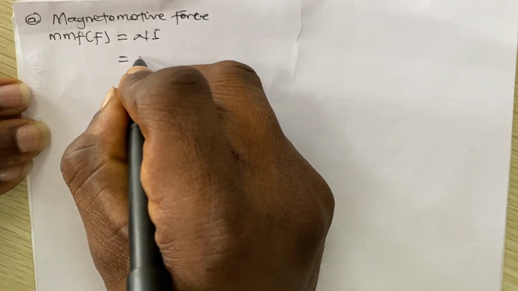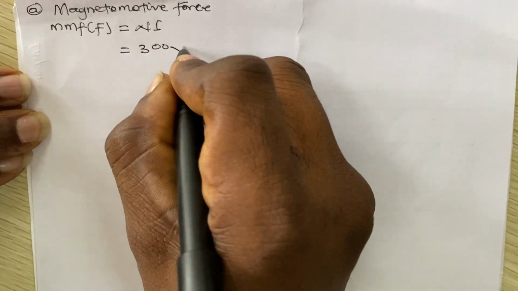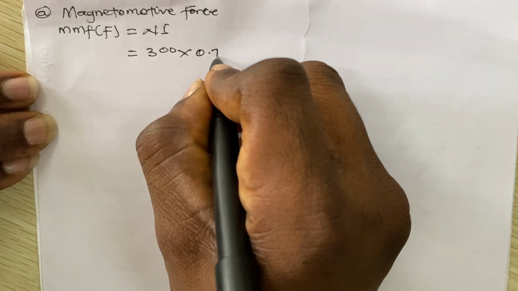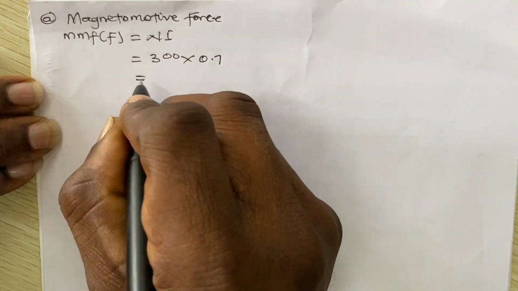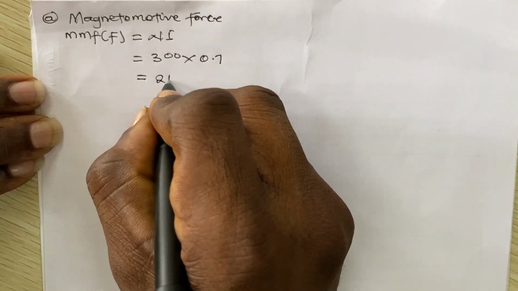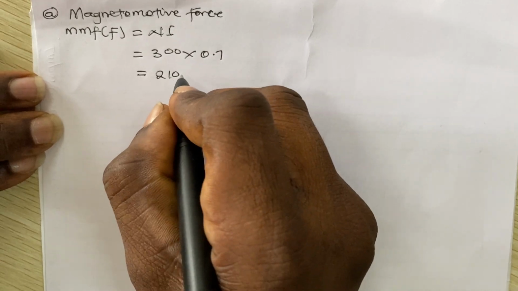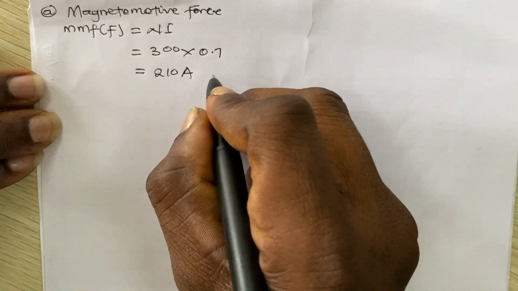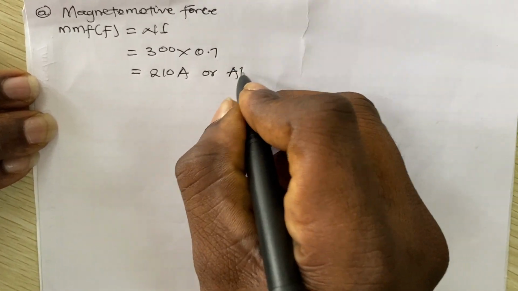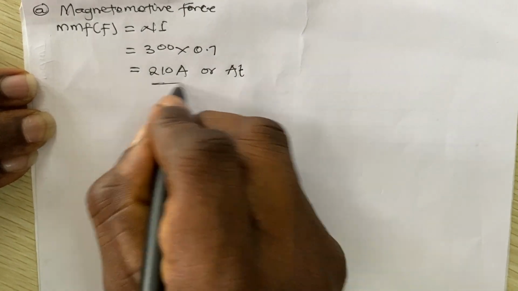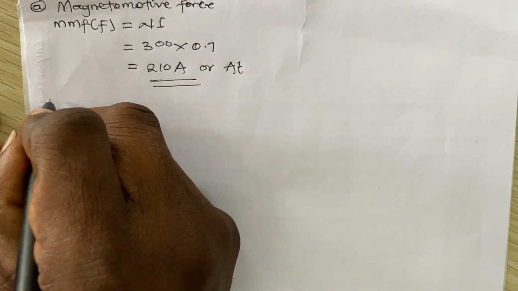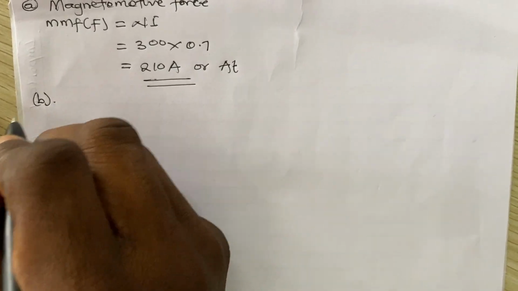So our number of turns here is 300 times current 0.7, and this should give us 210 amperes or ampere turns, depending on the unit we want to use.